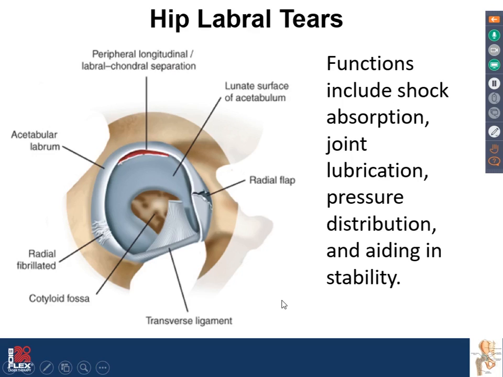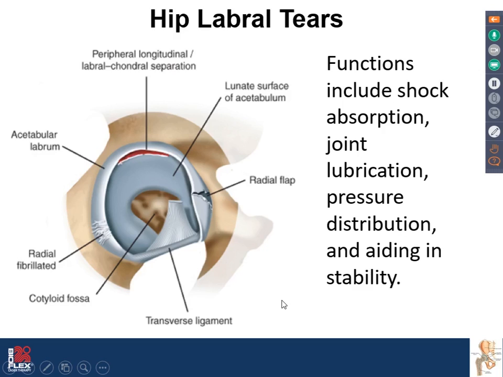They can be radial flap tears. Oftentimes you get that flap impeding joint motion so that the patient can't move their hip very well, or it's blocked, similar to a meniscal tear that's floating around in the knee joint. Radial fibrillated tear, which is more like degenerative tearing of the labrum. And peripheral longitudinal, where the labrum and the chondral bone area separates.